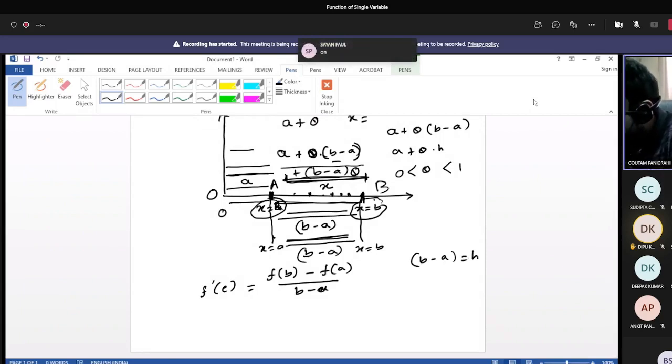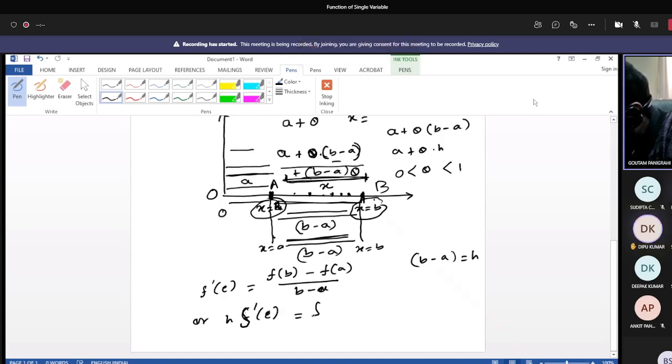So you can easily write h into f dash c equals fb minus f of a. Since c is an intermediate point, h into f dash a plus theta h equals fb minus f of a.